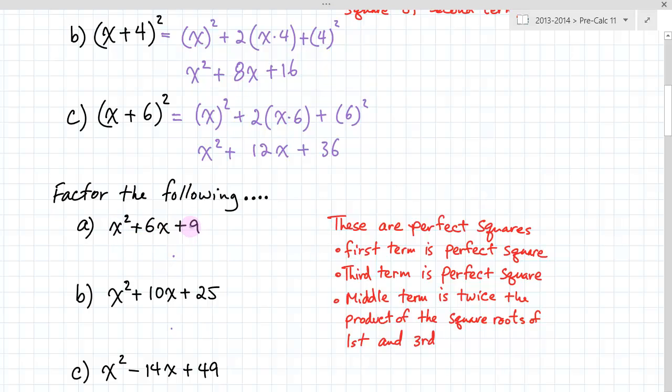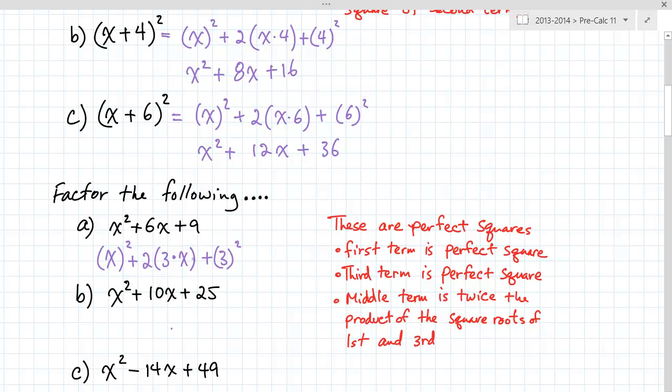So I'm going to write it this way. This is an x squared. This one is a 3 squared. And notice that the first term is a square, the last term is a square, and the middle term is twice the product of 3 and x.